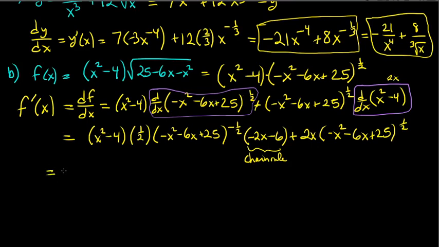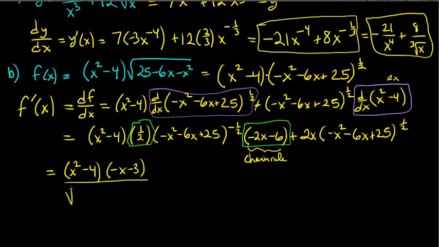And first thing we'll do is we'll just stick with the x squared minus 4. There's nothing wrong with that. But then we can multiply 1/2 times negative 2x minus 6. So this times this is just negative x minus 3. And then why don't we take this downstairs?